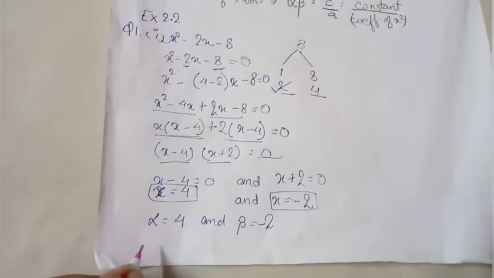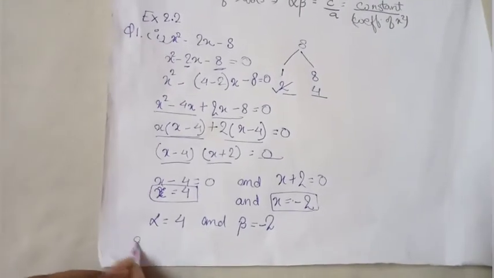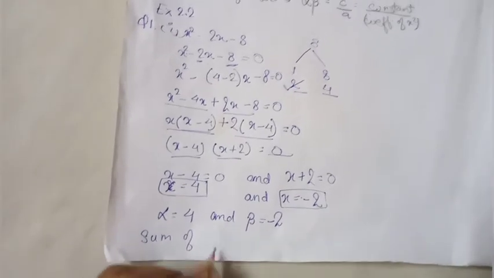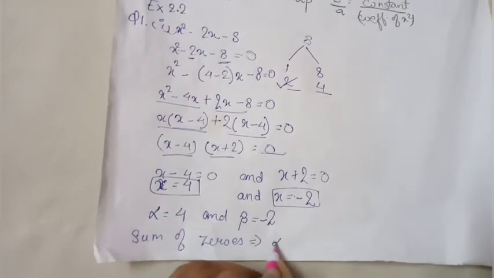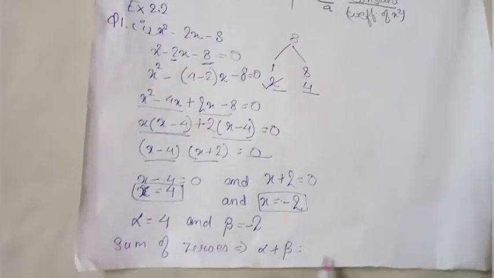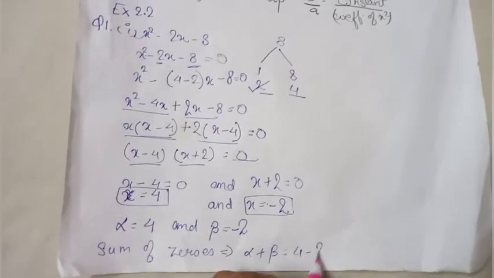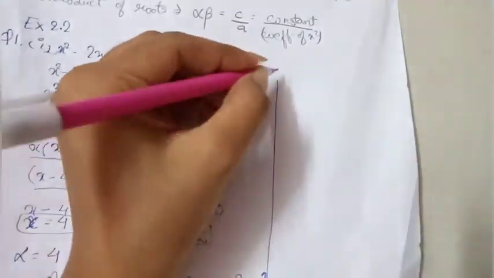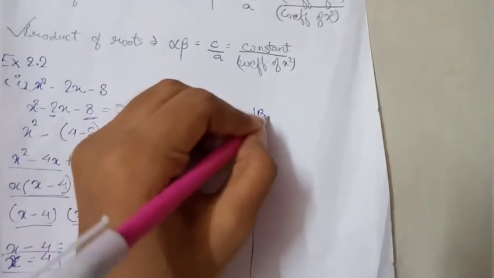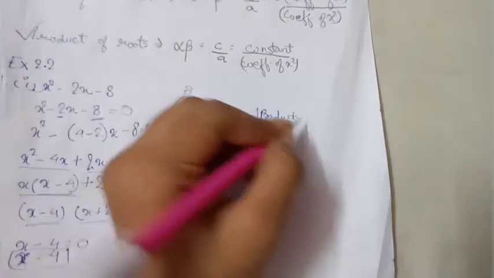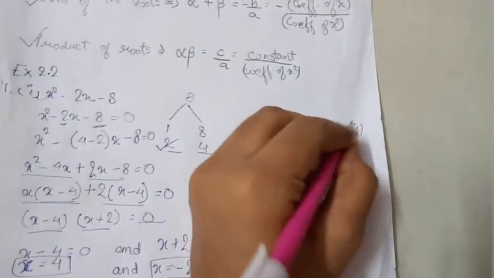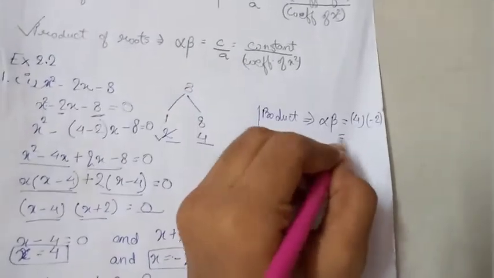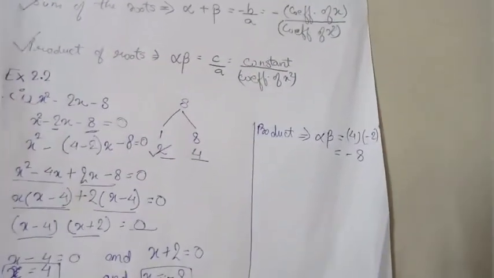First we'll do the sum of the zeros, that is alpha plus beta, that is 4 minus 2 equal to 2. Then we'll do the product of these two zeros, alpha into beta, which is 4 into minus 2, and it is minus 8. Now we need to verify.